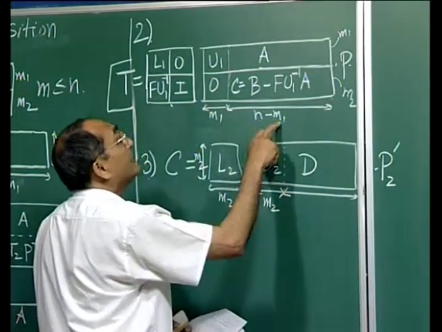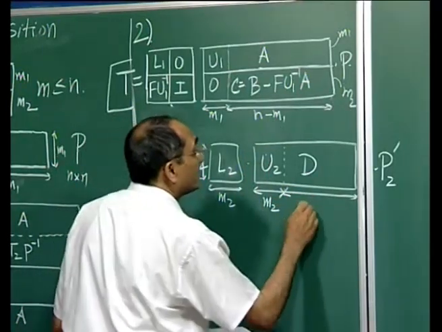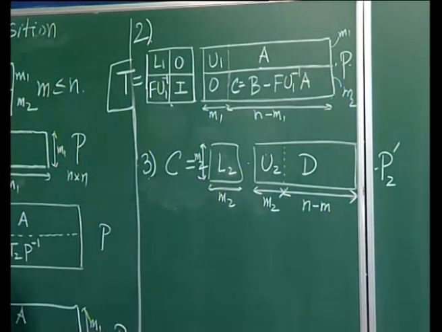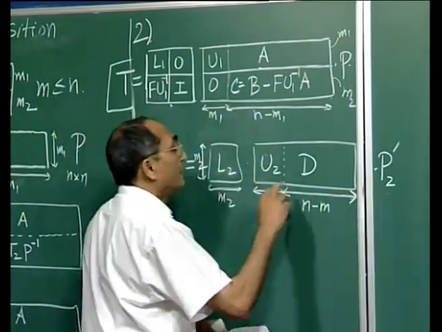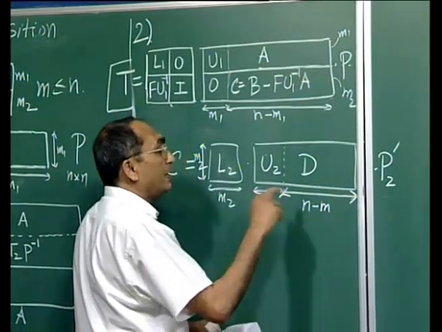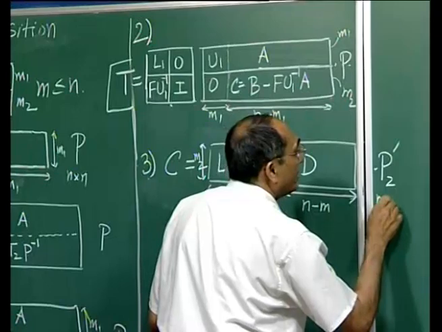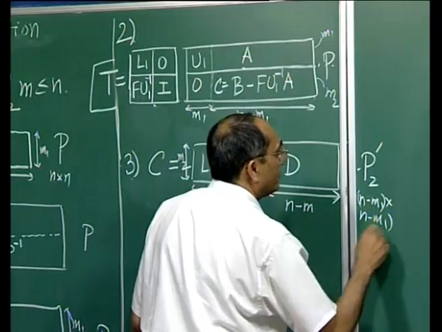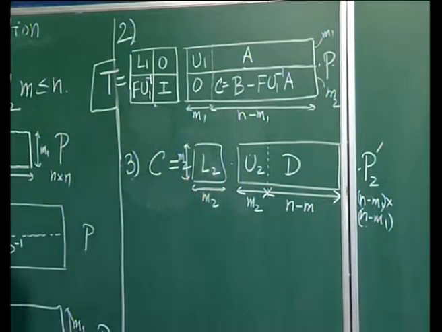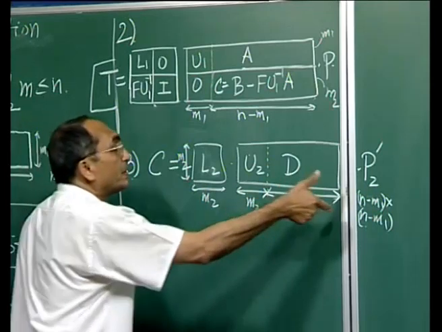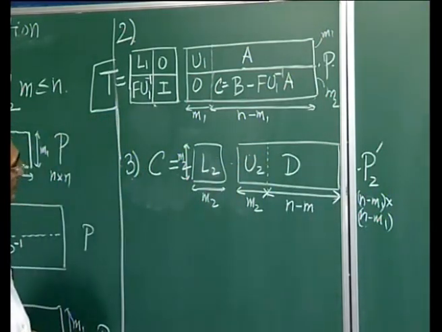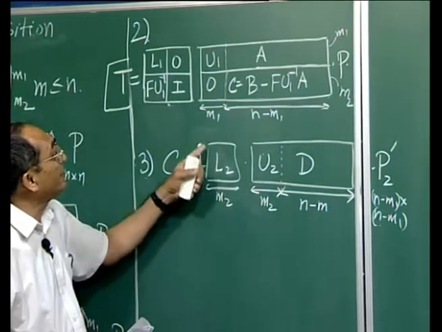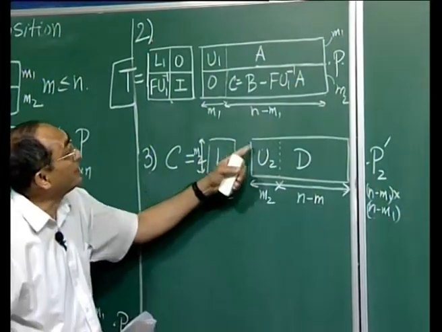This is N minus M1 minus M2, but M1 plus M2 is M. So, this is N minus M. This should be a square matrix of size N minus M1. So, this is N minus M1 cross N minus M1, because this is going to be multiplied to this matrix. Now, again keep in mind that the diagonal entries are non-zero here, diagonal entries are non-zero here.